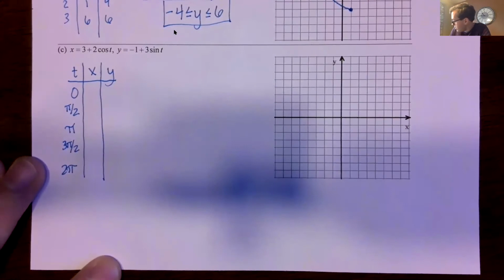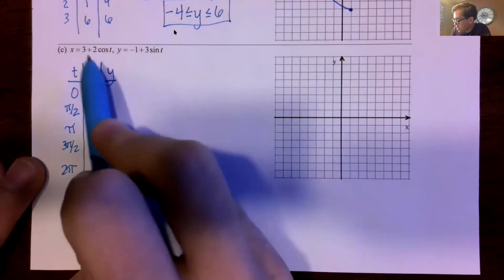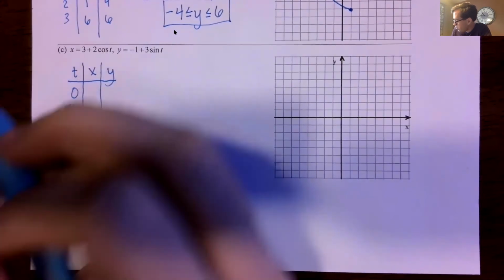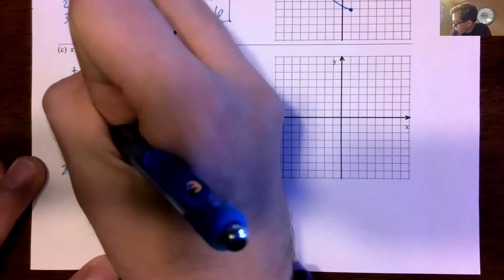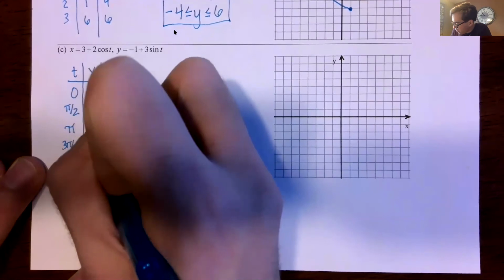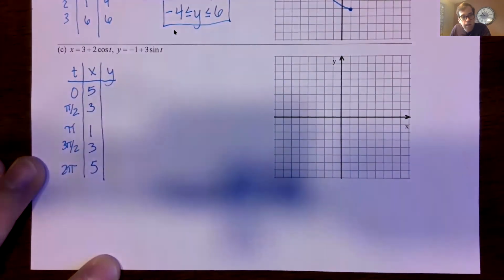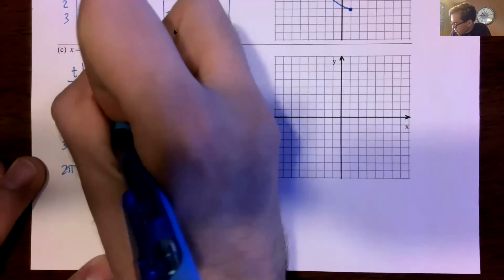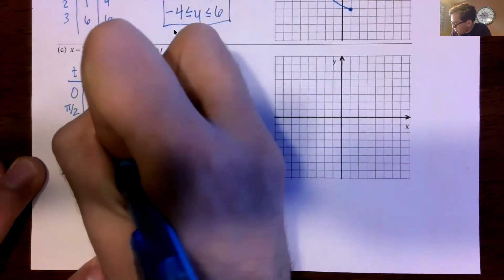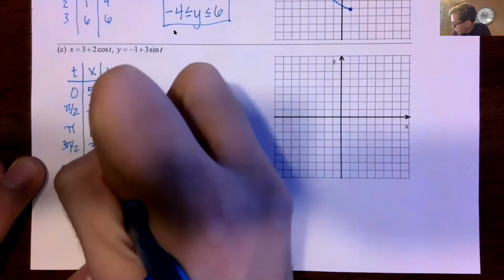And if we plug these in for the x equation, you're going to end up with 5, 3, 1, 3, 5. And for the y equation, you're going to end up with -1, 2, -1, -4, -1.